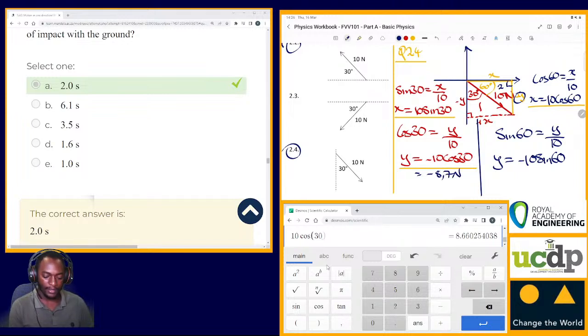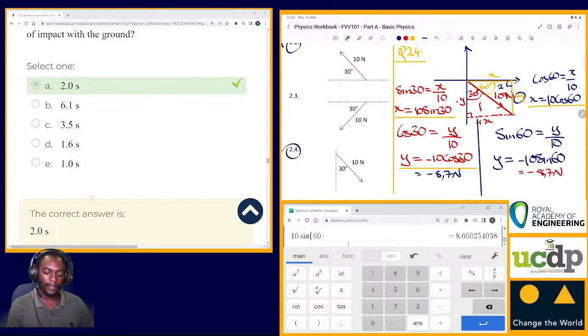Then on this side we have got 10 sine 60, and let's see if we're going to get the same thing. We still get the same answer, which is negative 8.7 newtons.